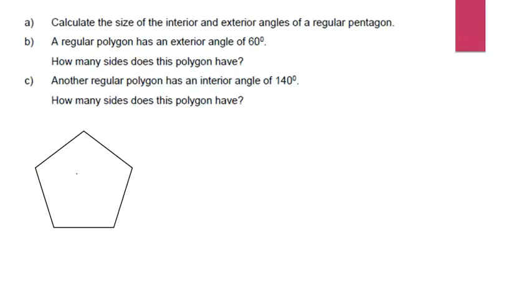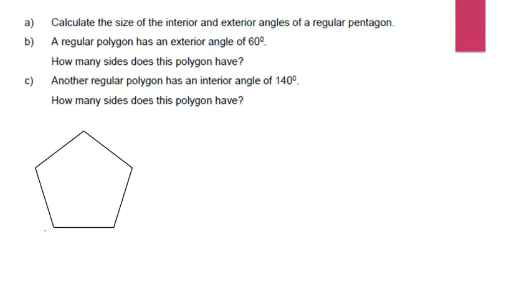So here I've drawn a regular pentagon. If I want to work out the interior angle, it's each one of those in the shape. So it would be helpful if we knew what the angles in a pentagon added up to, or if we had a technique available to us where we can work it out.